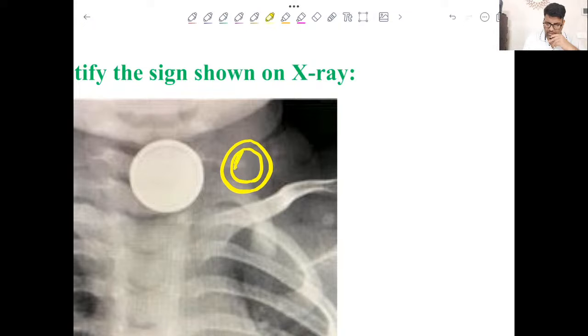Okay, so the presentation is something like this, right? So this is the margin of one ring and this is the margin of the other ring, right? And this is all something like this. So this is classically known as the double ring sign.